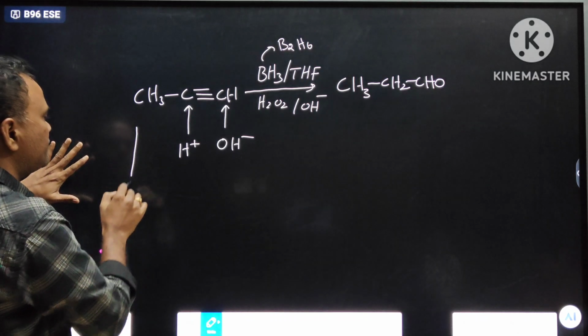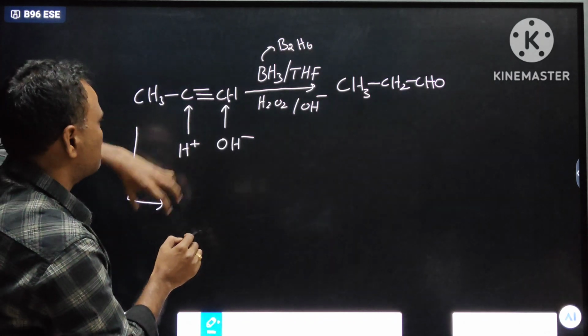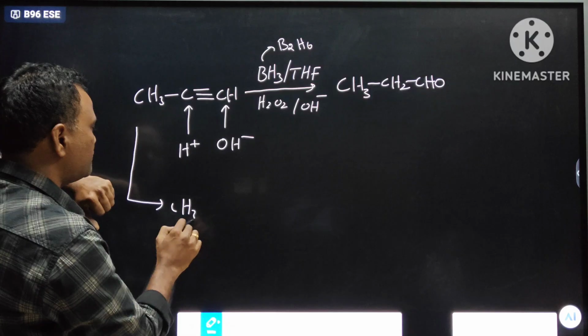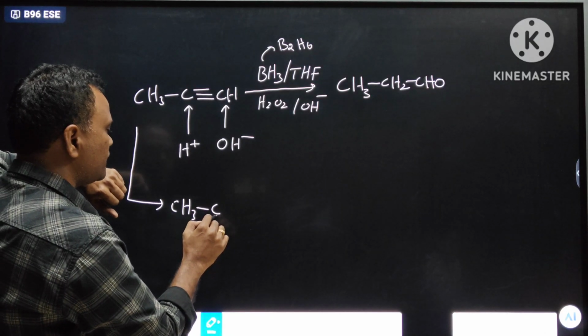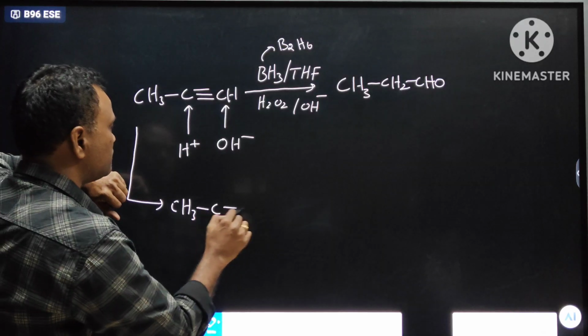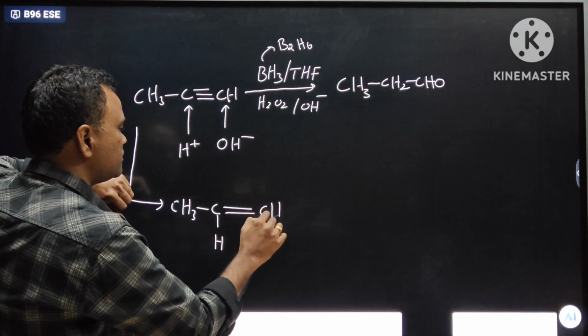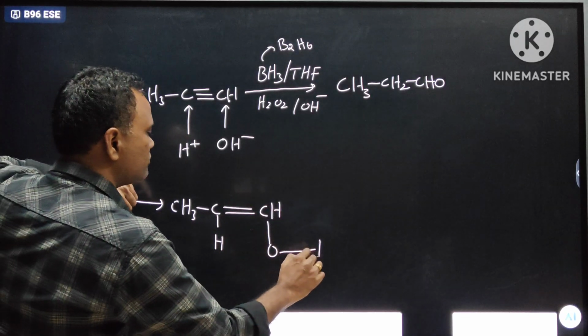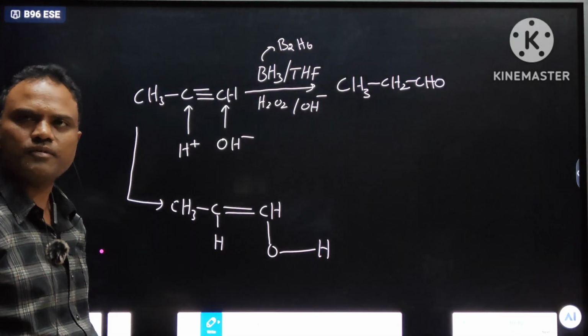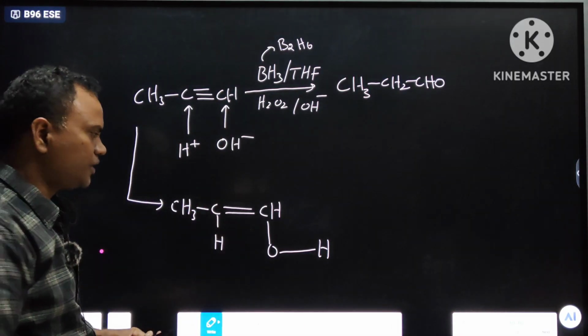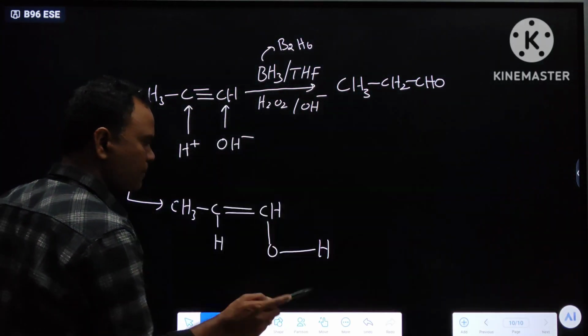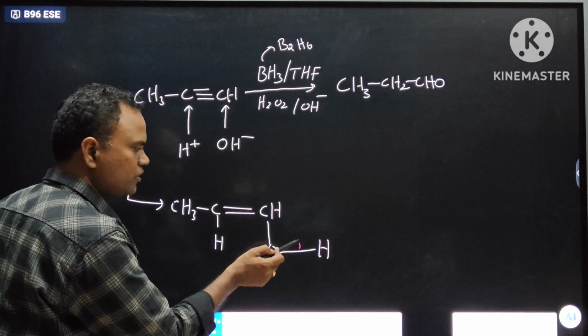Look at this. Wait for some time. After adding, what happens? CH3, here hydrogen is forming, hydrogen is attaching. CH. Can I write this bond like this? OH. Any doubt? HOH. Next, look at this. Shift this bond in between these two.